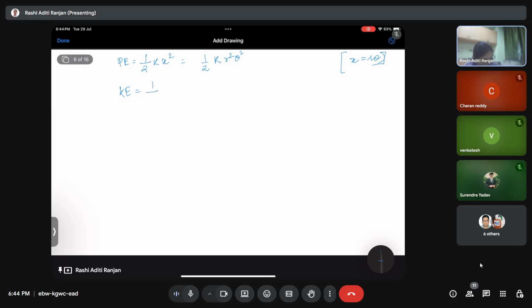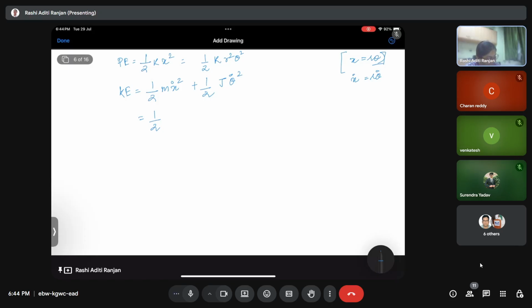So one is going to be half m x dot square, which is because of the translation. The second is going to be half j theta dot square. Now, since x equals r theta, x dot equals r theta dot. So this is going to be half m r square theta dot square plus half j theta dot square.